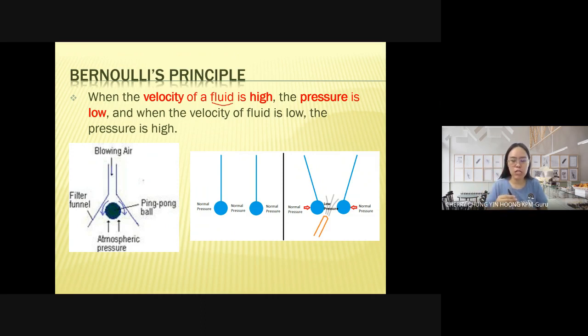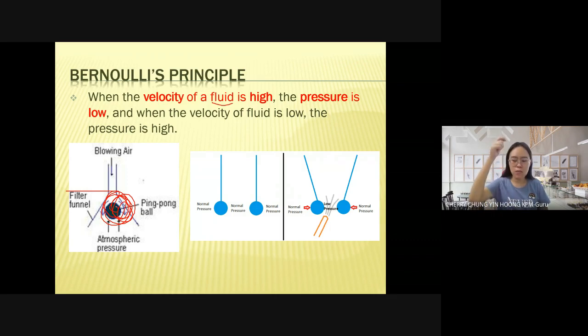So when the velocity of a fluid is high, the pressure is low. When the velocity is low, the pressure is high. 就是一个 inversely proportional 的，可是我们不会讲 inversely proportional 啊。OK，就像在这一个 diagram 里面，为什么这一个 ball 会 spinning around the filter funnel when there's a blowing air?